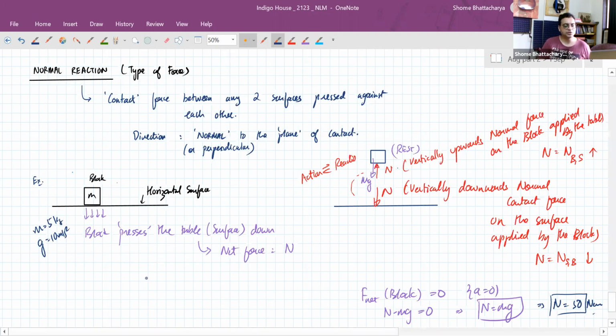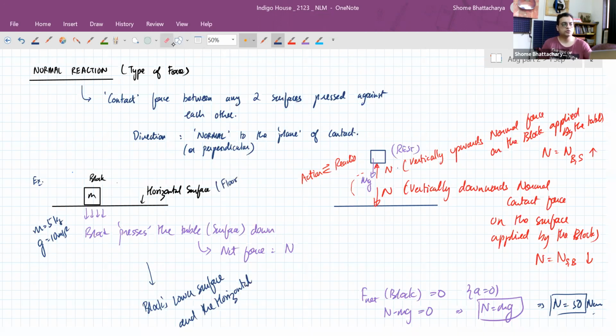So here in this case you can see that the block's lower surface, okay, and the horizontal floor or surface or whatever, or we call it the tabletop. So they are two surfaces in contact.